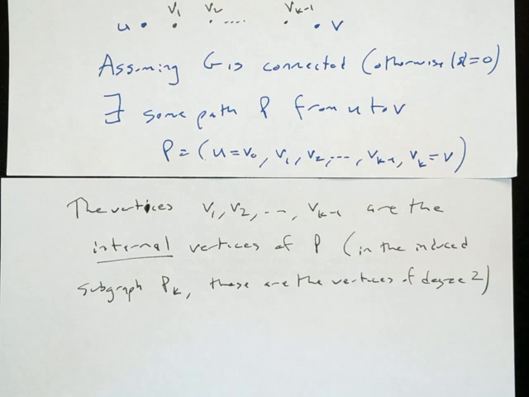I know there is at least one path from U to V. But there could be more, right? There could be lots more. I want to look at paths that have no internal vertices in common.